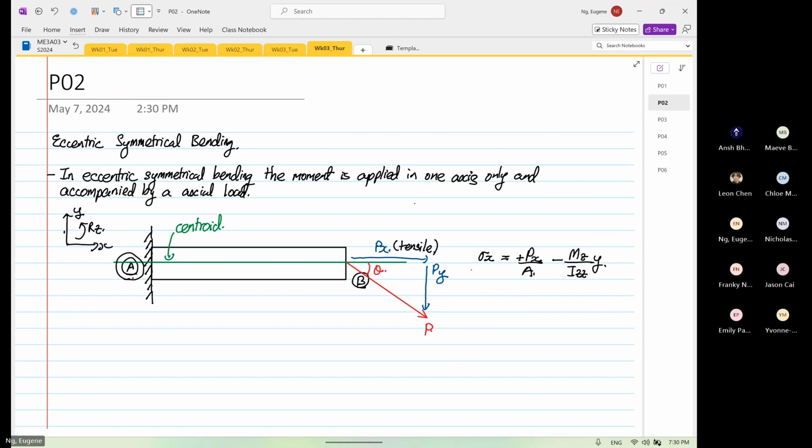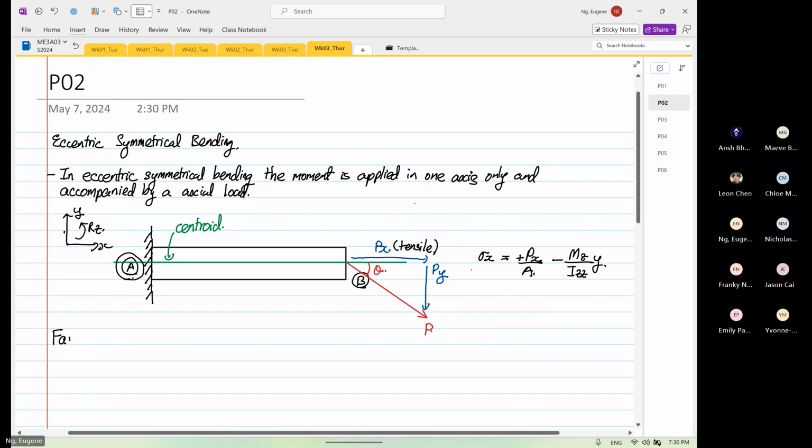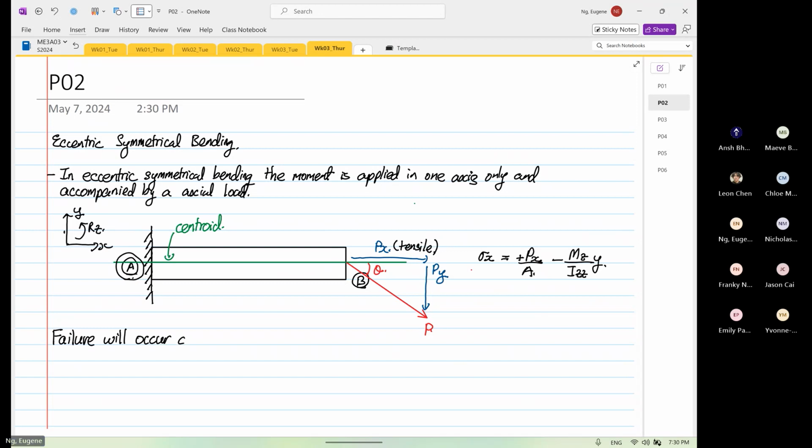So now, if you look at a structure like this, okay, failure will occur at point A. Okay, failure will occur at point A, and this is because the applied moment, which is Mz at point A, is highest.